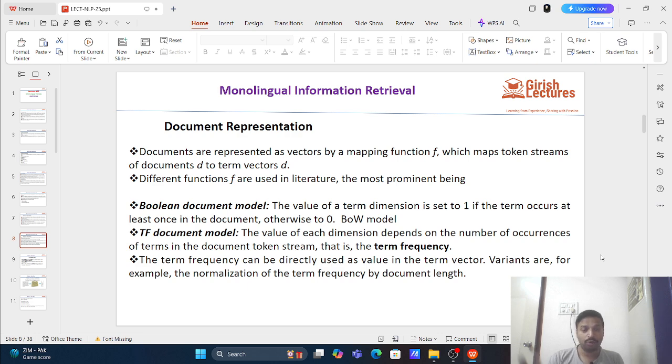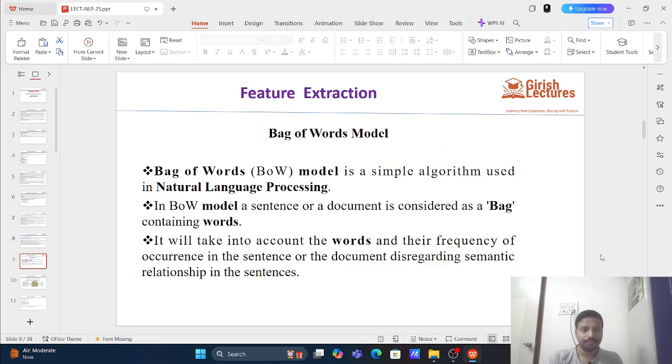Whenever we have given all these dimensions like your vectors, especially with the Boolean document model, we identify how many times an individual term has occurred in your entire document. That is how term frequency will be calculated. We'll see the first model, which is the bag of words model.